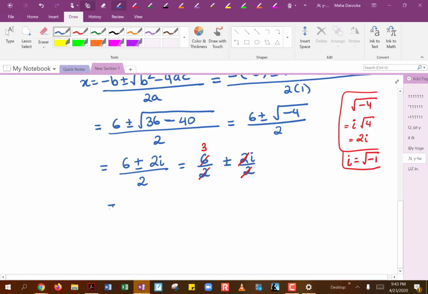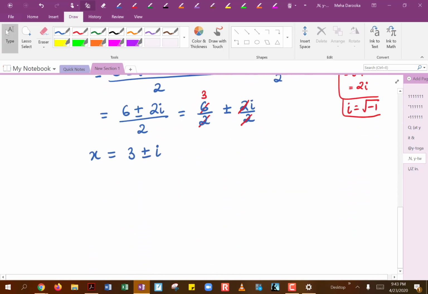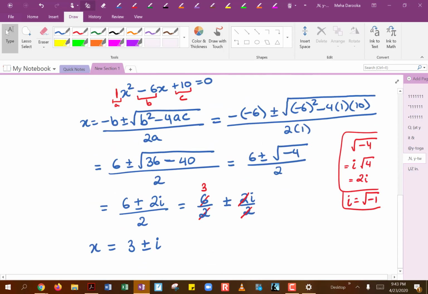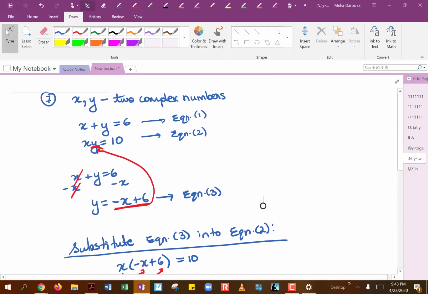So this will actually clean up into 3 plus or minus i. And that actually tells us that one of these is going to be our first complex number, and then the second one is going to be our second complex number.